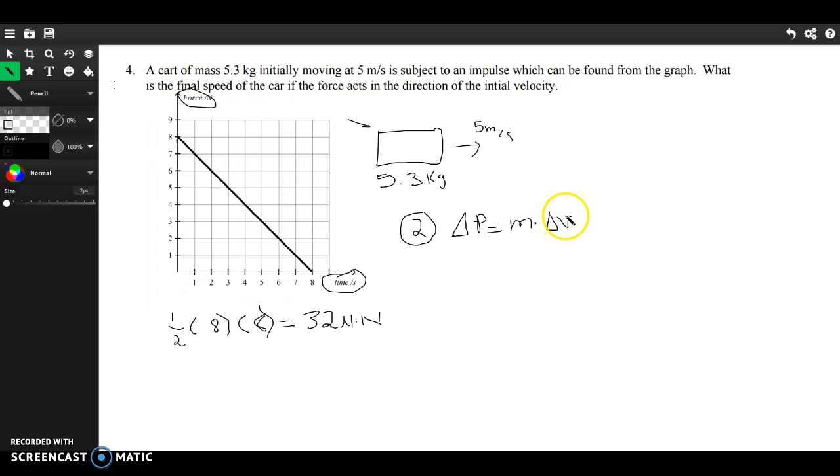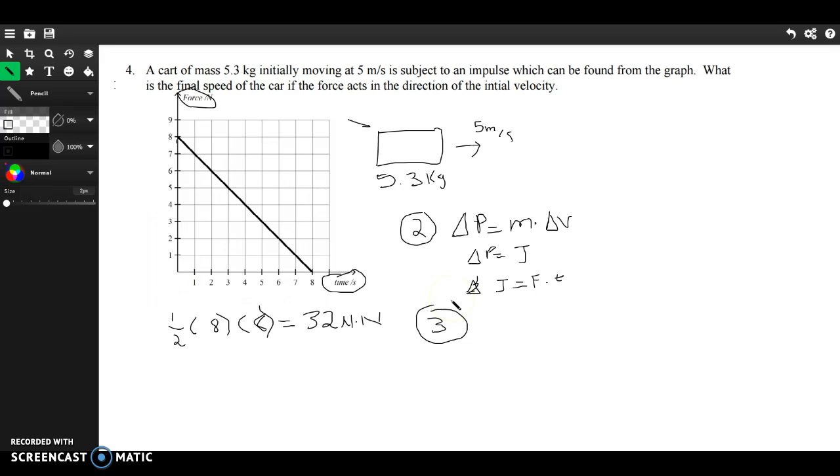So that's the equation for that. Then change in momentum is equal to the impulse, and that's just a definition. And then we have J is equal to F times d. Alright, so with that, we can start solving this.